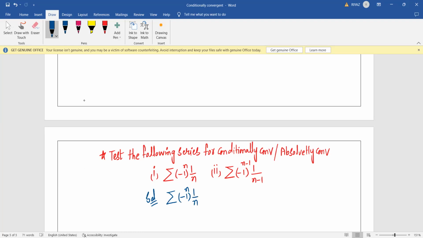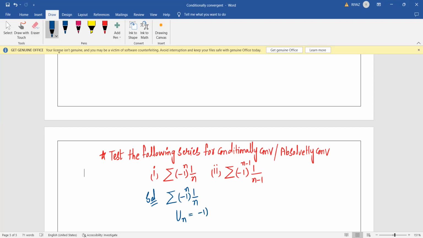This we are going to compare with our standard form. Summation value means which value? The un value. Yes, un value is equal to what?